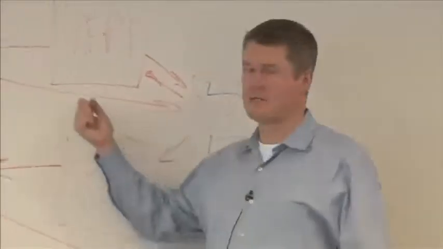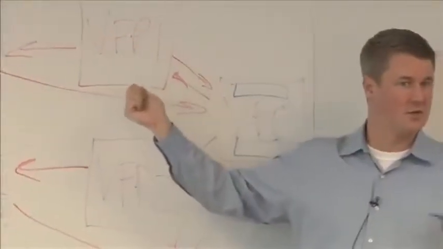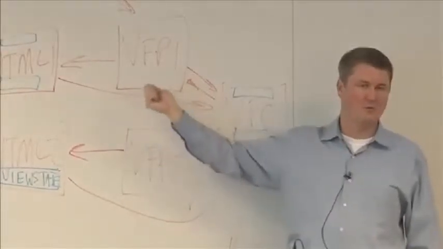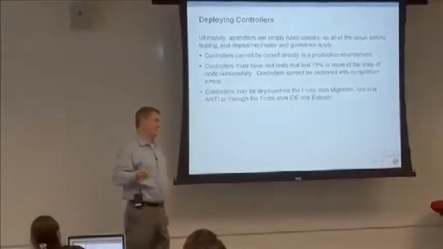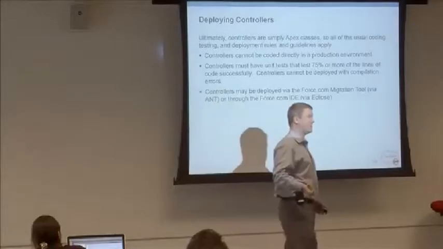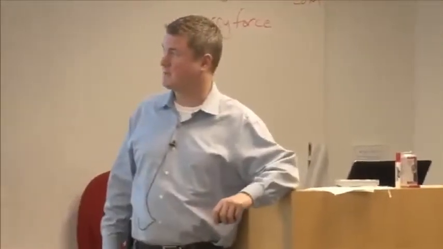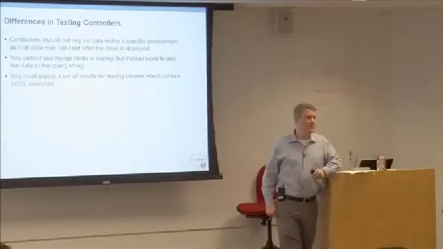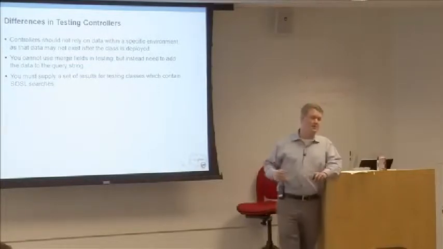So we have our human being, working in an HTML page, doing things with a user interface that was generated from Visualforce. How do we replicate a user interacting with our interface and ultimately calling the business logic, the behavior that we defined? There are a number of things we can do to make this work.